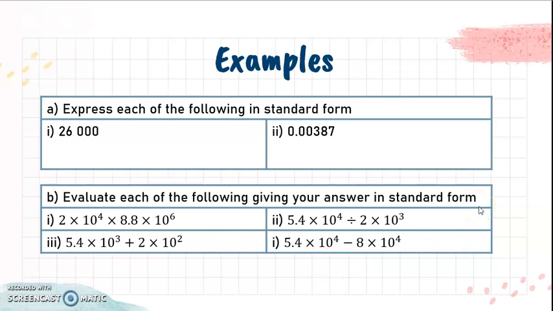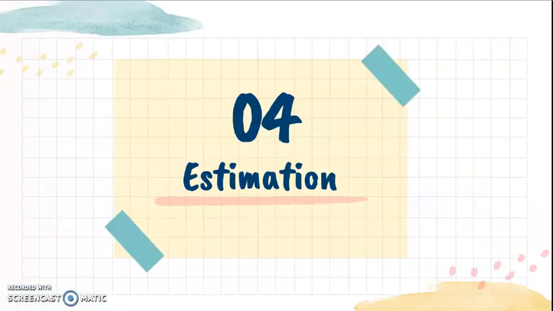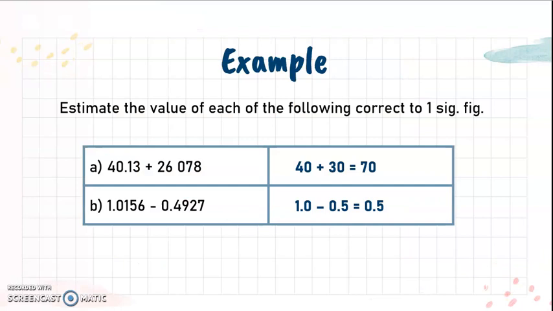Alright, so let's move on to the fourth subtopic, which is estimation. So estimation means that we estimate the value. Okay, so the first example, estimate the value of each of the following to one significant figure.